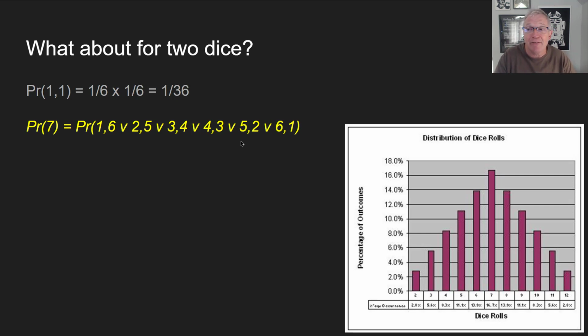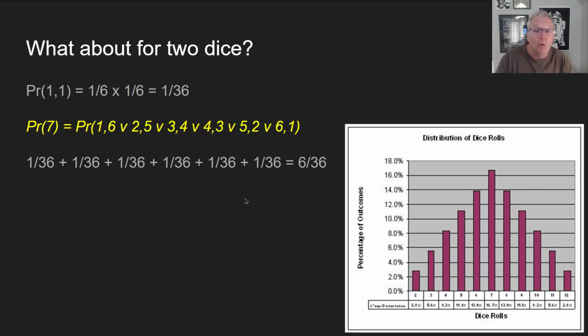Since there are 6 different possible ways, and each one has a probability of 1 out of 36 of happening, then the total probability of getting a 7, like when you're playing craps and rolling 2 dice, is 6 out of 36, or 1/6. The decimal here is 0.16. The chart on this slide shows what I'm talking about.